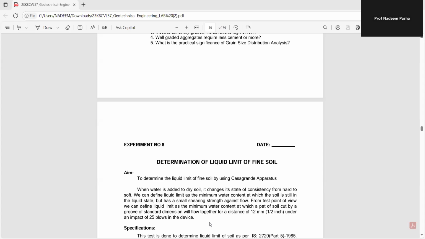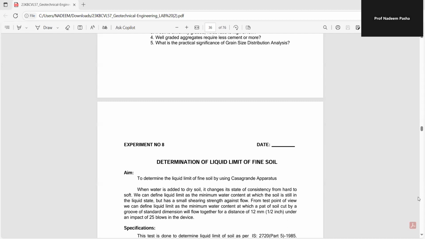From the test point of view, we can define liquid limit as the minimum water content at which a pat of soil cut by a groove of standard dimension will flow together for a distance of 12 mm, half inch, under an impact of 25 blows in the device.